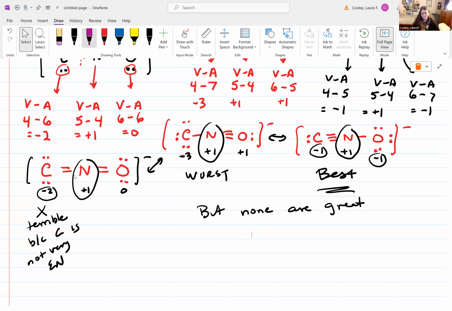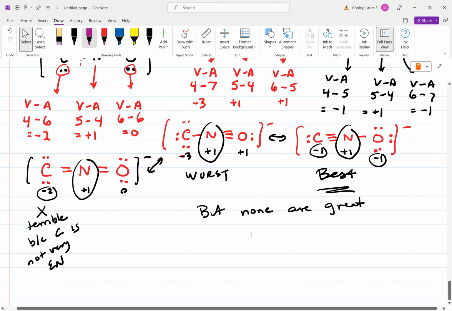On the one on the left here, you're putting a -2 formal charge on an atom that's not very electronegative, and 0 on one that can accommodate some negative charge. Here, you're sort of splitting it. So you have to take the electronegativity into account when you're deciding.